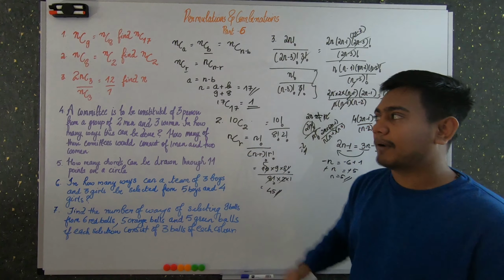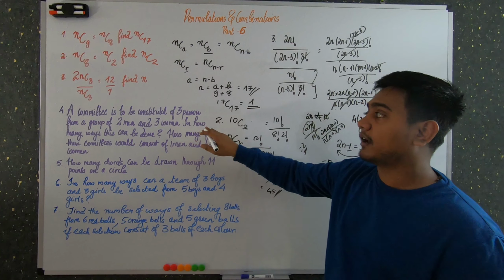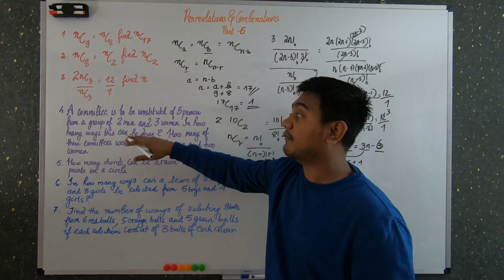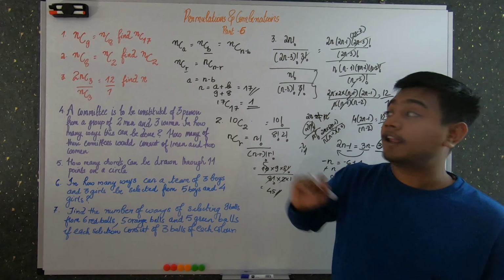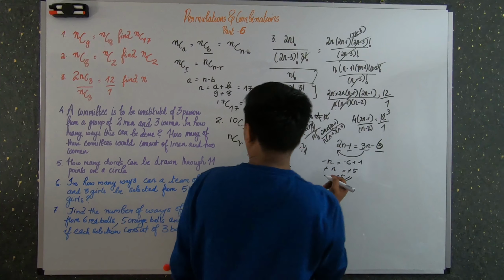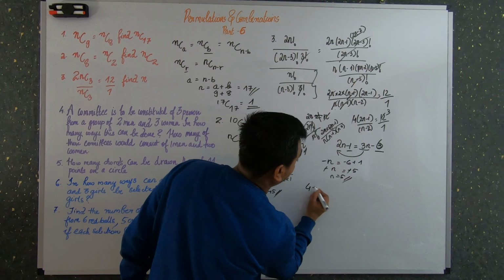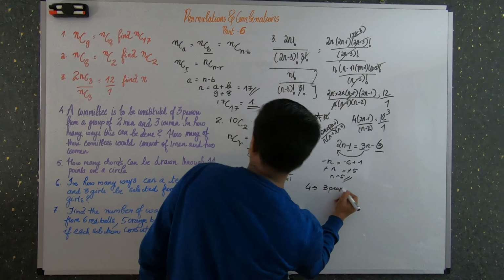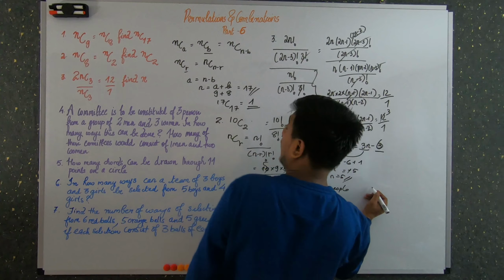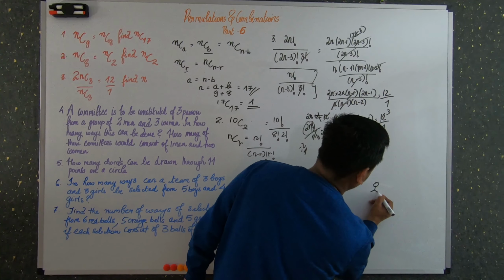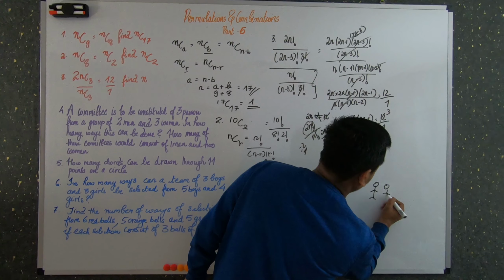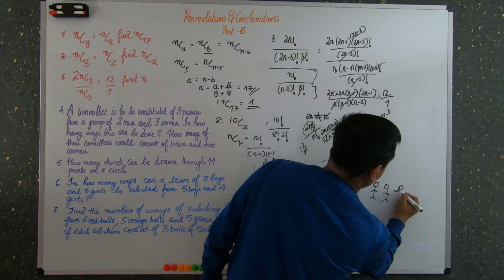So the first problem is, a committee is to be constituted of 3 persons from a group of 2 men and 3 women. So it is said that a committee is there. We have to find a committee of 3 people. Out of that, there are 2 men and there are 3 women.